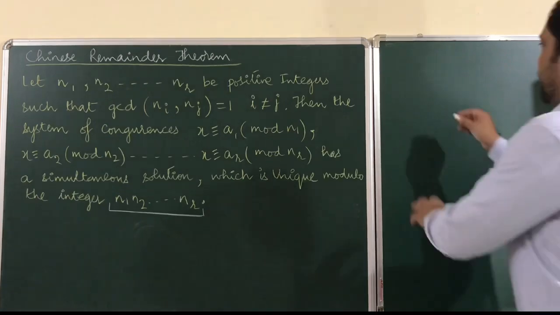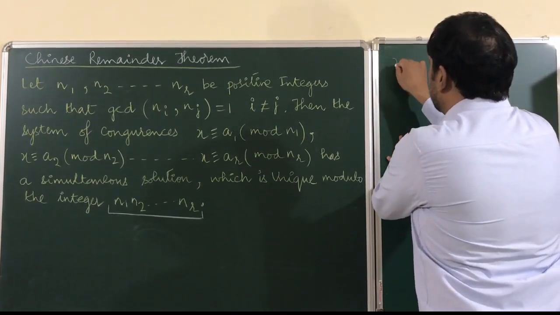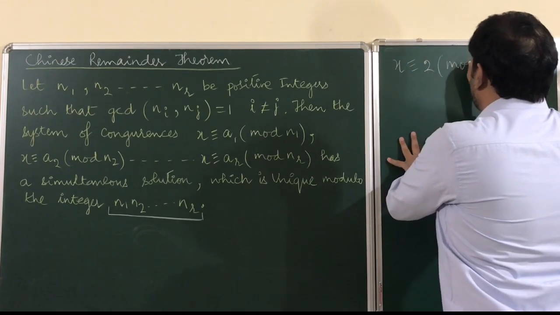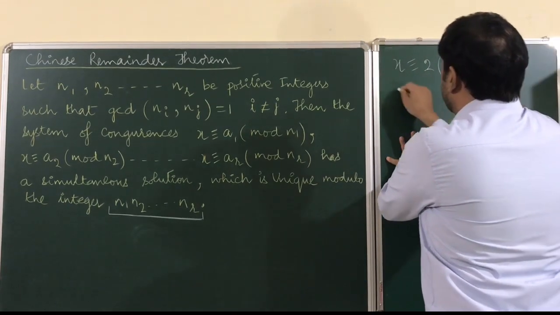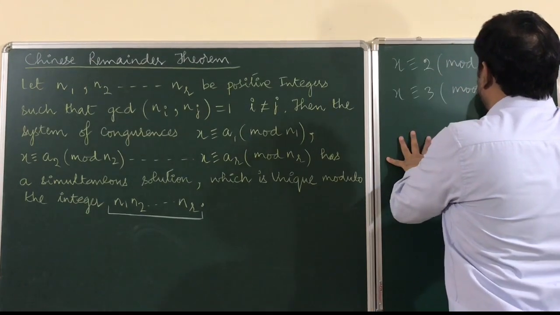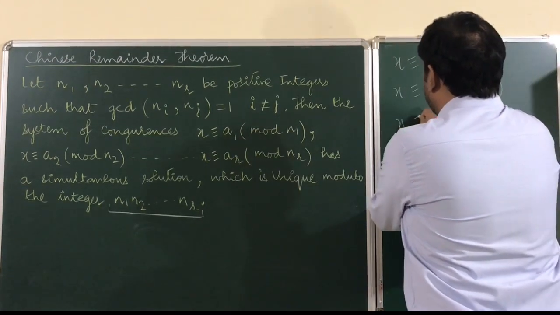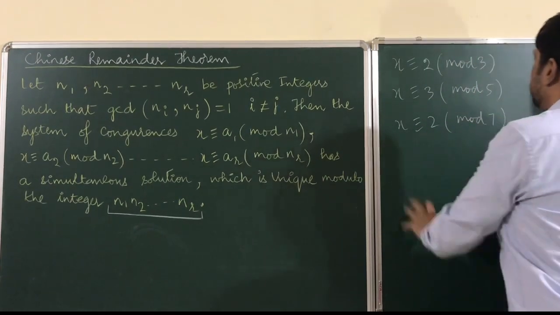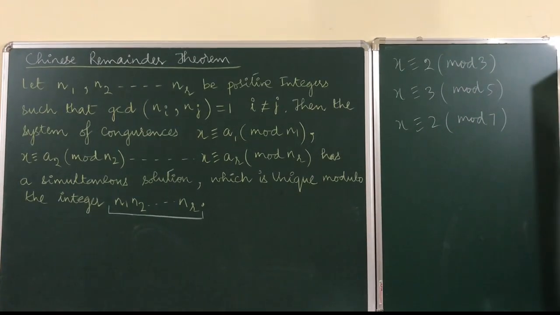Let's say I take the equations x congruent 2 modulo 3, x congruent 3 modulo 5, x congruent 2 modulo 7. This is a system of equations.